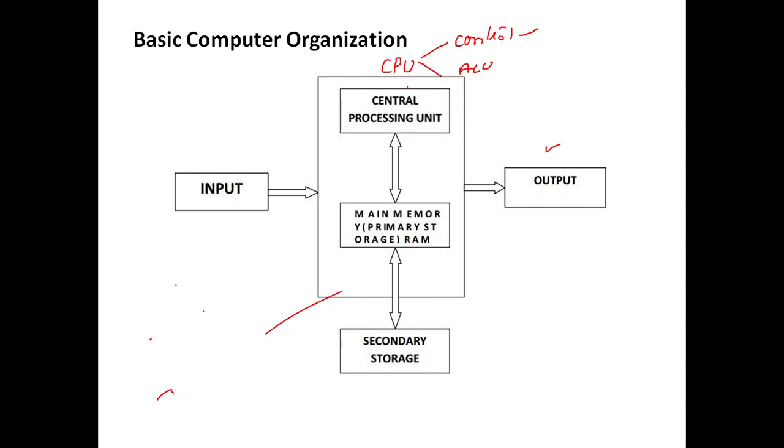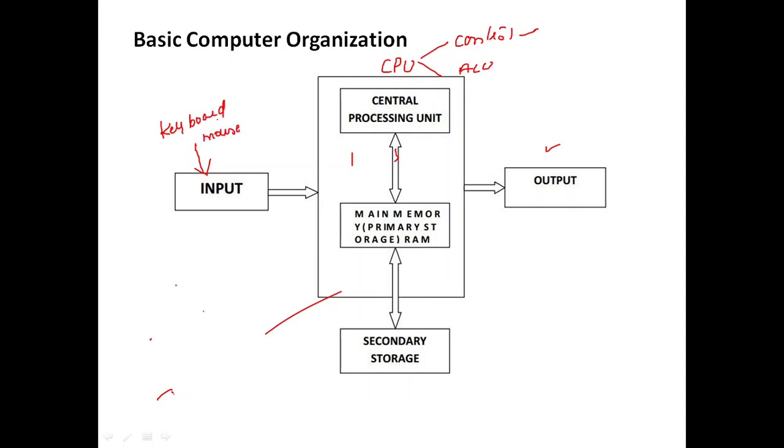So what do we mean by an input? Input means giving something to the computer. If this is the computer, we have to give something to it, and that is done through the input units. What are the basic major input units we have? As we all know, the keyboard is the first one, and the next one is the mouse.